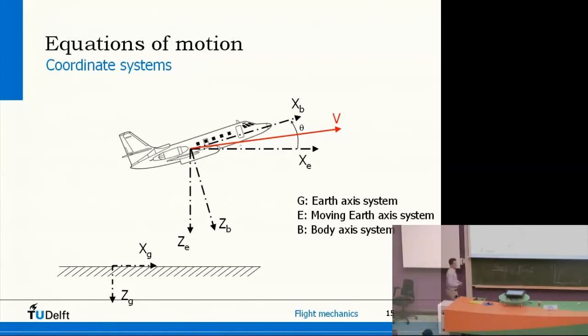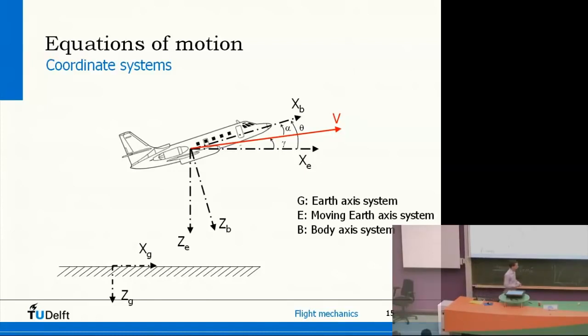Finally, last but not least, is this angle gamma. And this is what we call the flight path angle. So the flight path angle gamma, that's the angle between the horizon and the airspeed vector. And it basically tells you how steep you're actually climbing or descending.